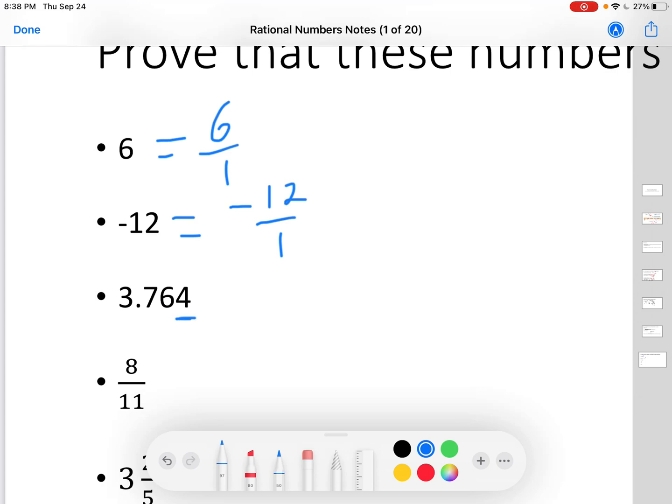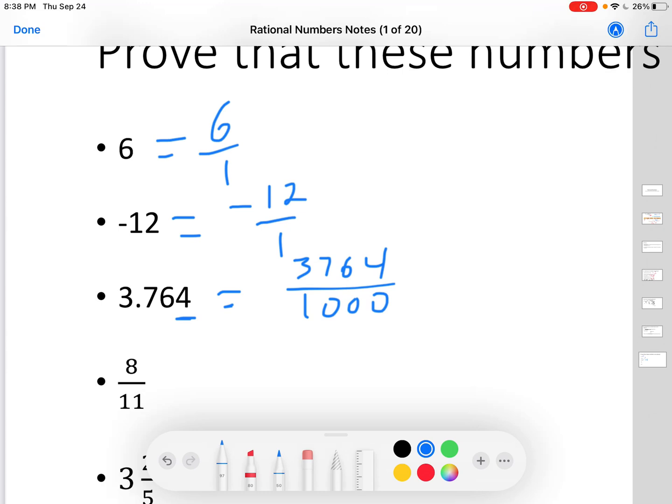3.764. Well, what's the place value of that 4? It's in the thousandths place, so I know that the denominator is going to be 1,000, and the numerator is all these digits, but remember, there is no decimal point. The decimal point is there to tell you where the ones place is. We don't care what the ones place is anymore, so we do not put a decimal point.